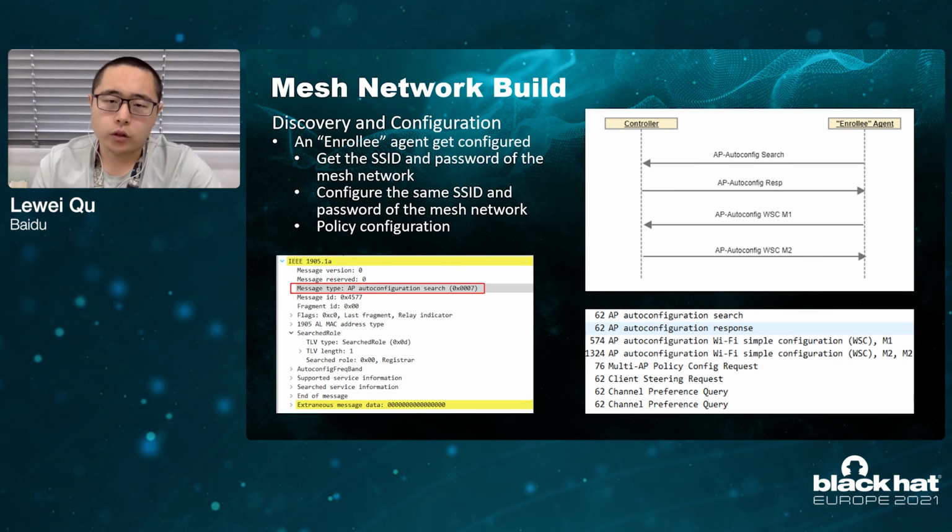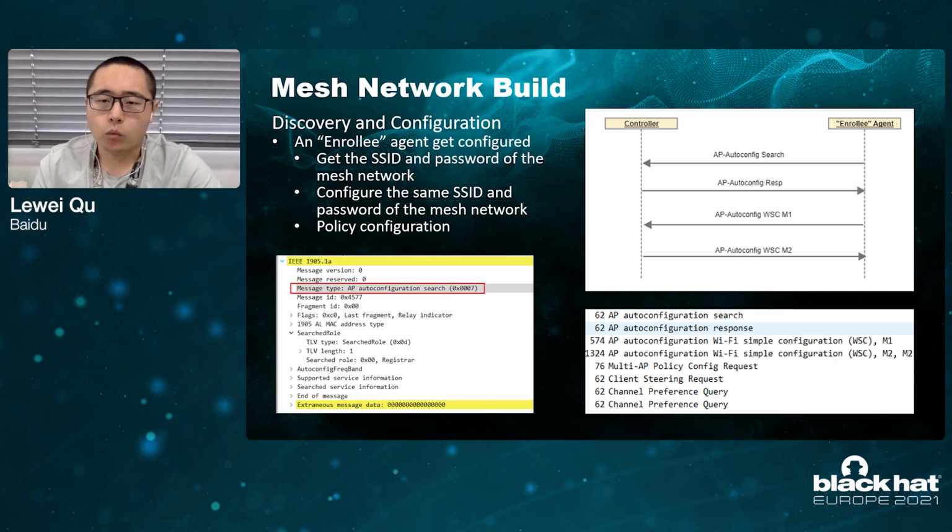Next, we'll introduce the progress of discovery and configuration. After finishing onboarding, the enrollee device needs to find a controller to get configured with the mesh network by using the 1905 controlling protocol. First, the enrollee device sends a 1905 packet to figure out if there is a controller device existing in the mesh network.